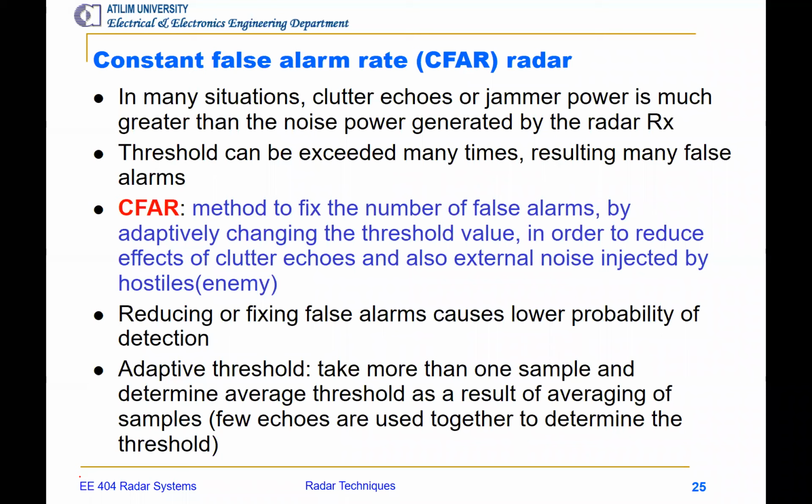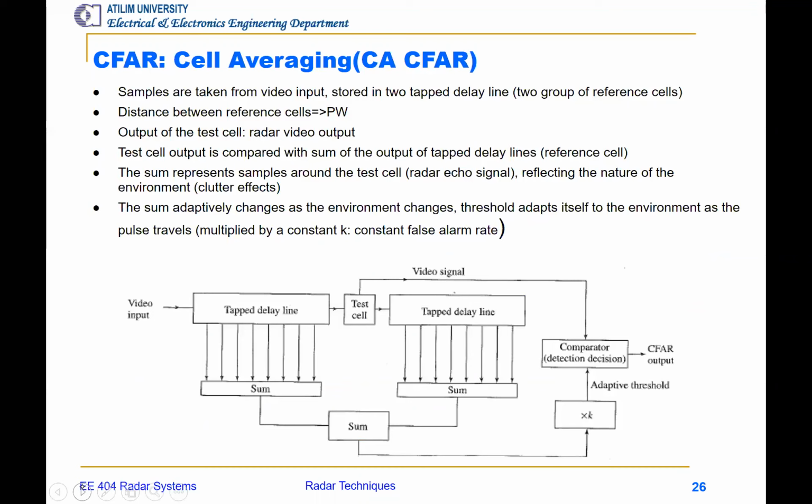If we see that the signal increases slowly, we increase the threshold. Otherwise, if we have a signal slowly decreasing, then we reduce the threshold. Okay, how do we implement this?